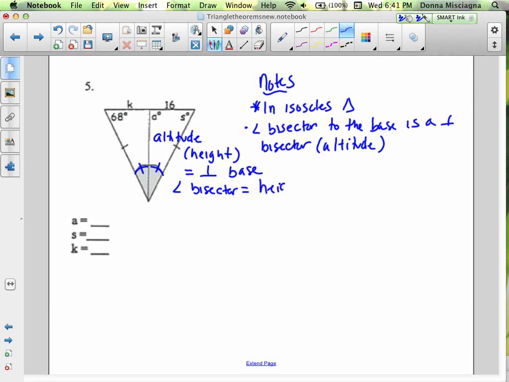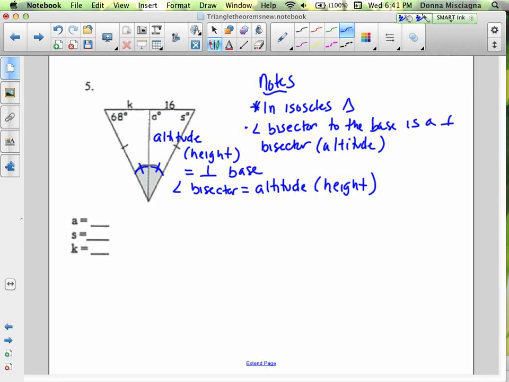They are the exact same thing. So I'll write altitude with parentheses height, so that you know that they're referring to really the same thing. Altitude is the correct way to represent that, but sometimes we just call it height.